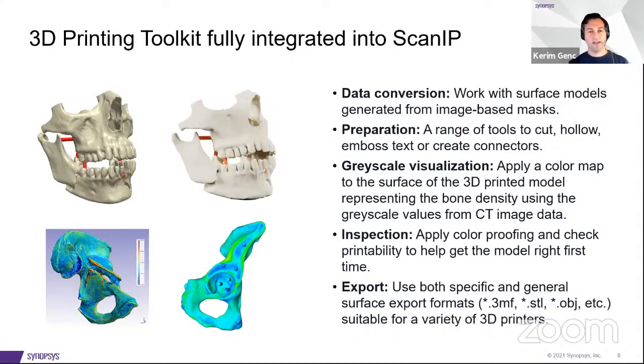You can see in this facial 3D print here, you can add these support structures, embossing, pins if you want to connect different parts of it, apply color proofing to check printability, and then export in 3MF, STL, OBJ, and all those different types of formats. So this is all within one software tool. You don't need to export it anywhere to prep this.